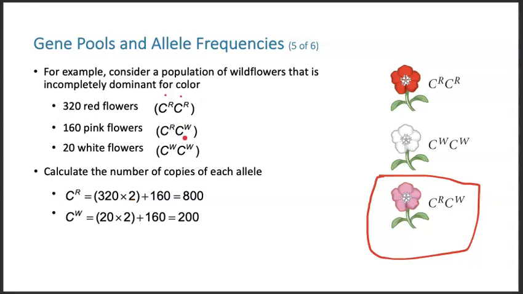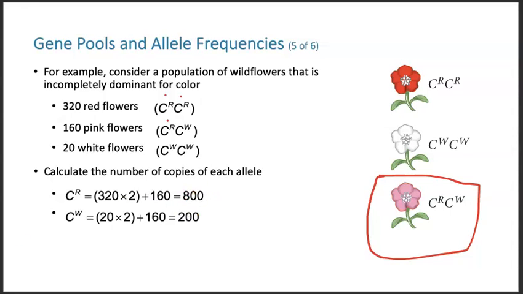And then we take the number of individuals that are heterozygote, and that's 160. Now remember that only one of those is the red allele. So you could say just plain 160, or you could say 160 times 1. Either way works, especially if you're really just confused about when you multiply times 2 and when you don't multiply times 2. So 320 times 2 plus 160 gives us 800.